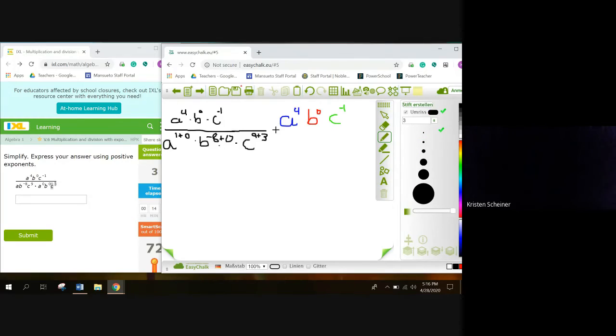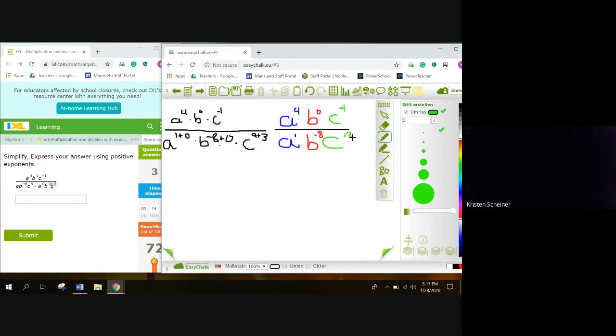And all of this is over A to the 1 plus 0, which is A to the 1st power. B to the negative 8 plus 0 is B to the negative 8. And C to the 9 plus 3 is really C to the 12th power.